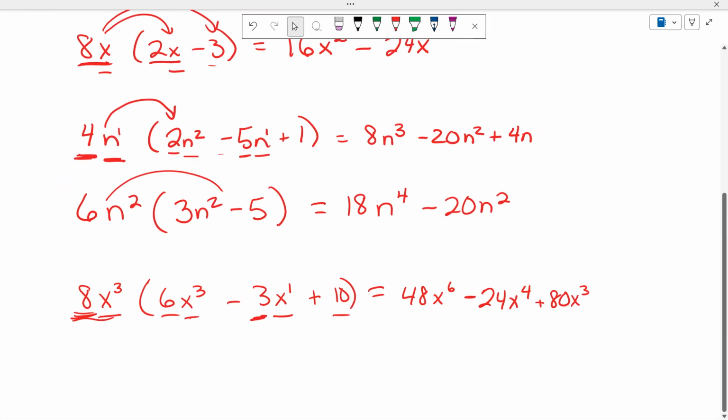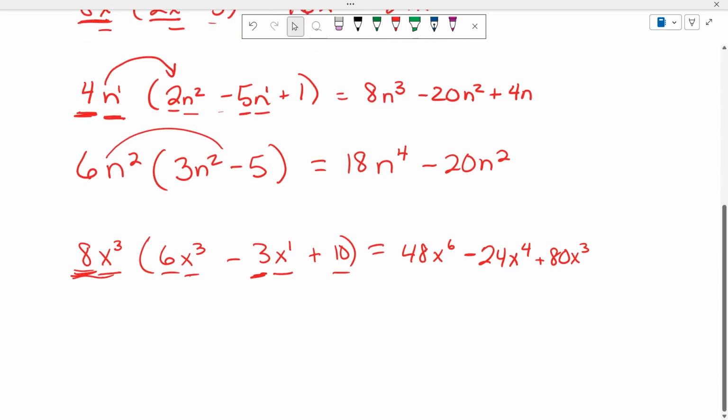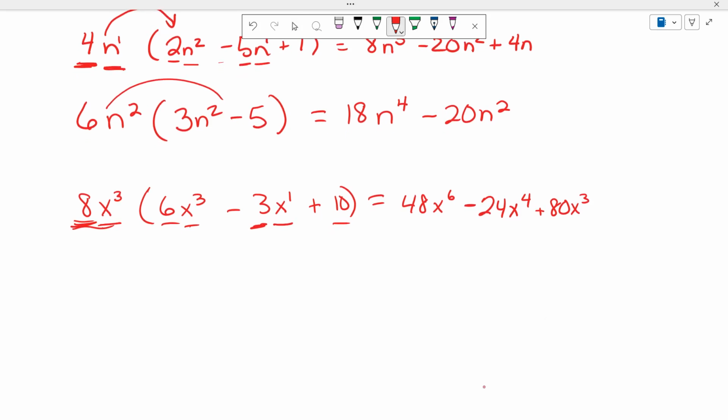We're doing just the distributive property with variables. Oh, let's say we have two different variables in the problem. So if we have like 2m and we have 4m squared minus 3mn plus 2mn squared.